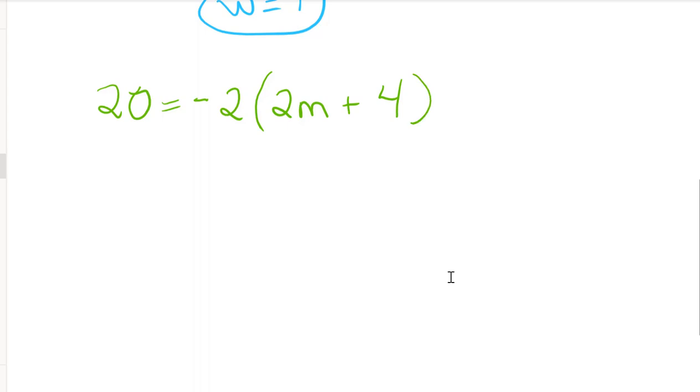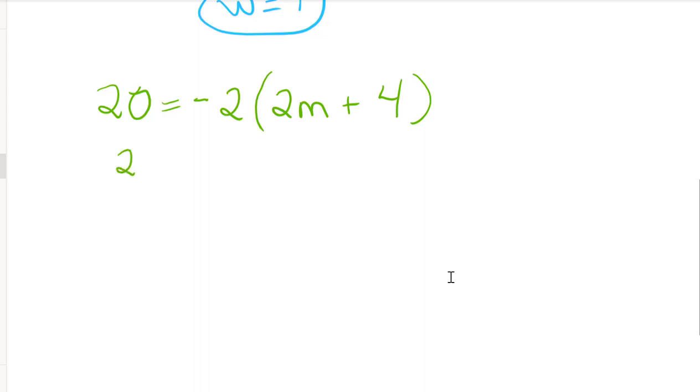Okay. All right, let's try this one, and I promise we're not going to get 1 for an answer. Let's try 20 equals negative 2 times the quantity of 2m plus 4. All right, so now my parentheses are on the right, but I still do the same thing.